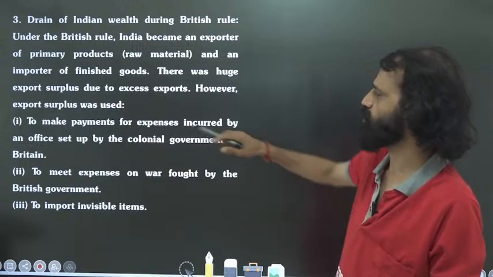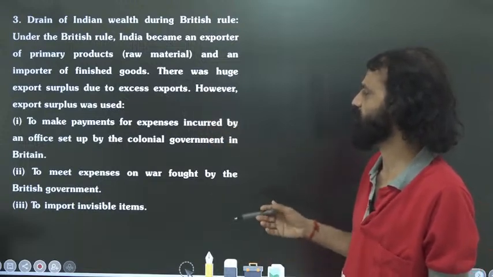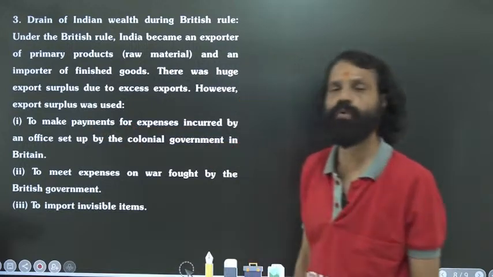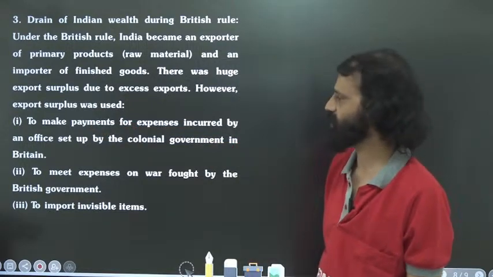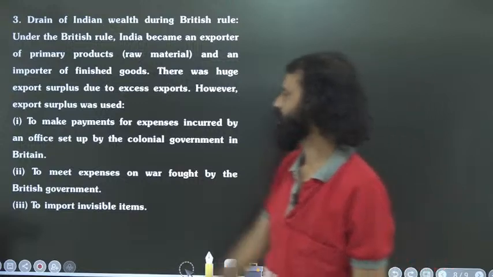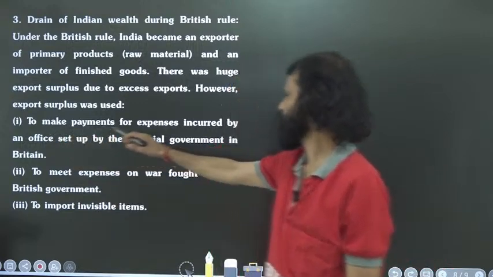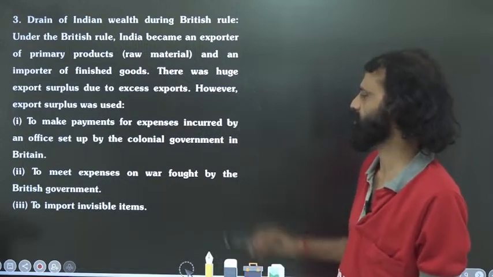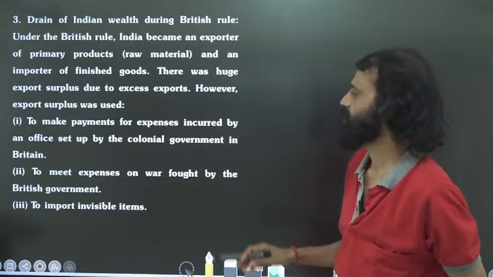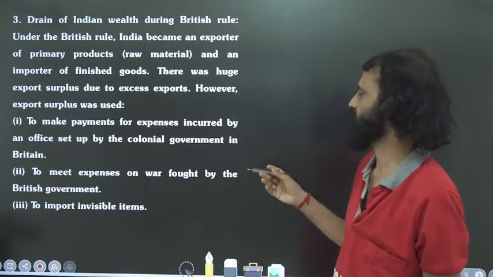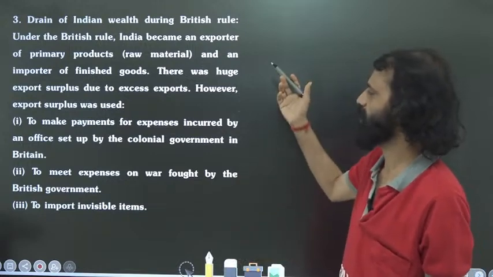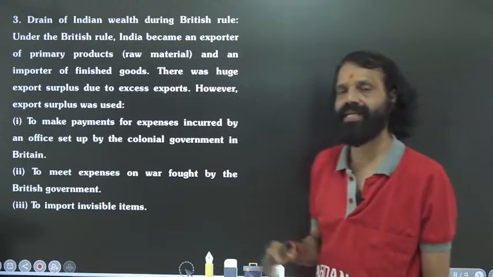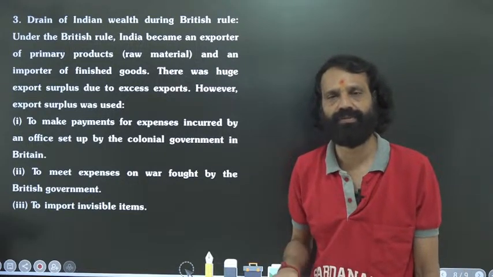How was our export surplus used? Surplus means more, excessive. It was used to make payments for expenses incurred by an office set up by the colonial government in Britain. So they made more money, and all that money they used for the colonial government's benefit.